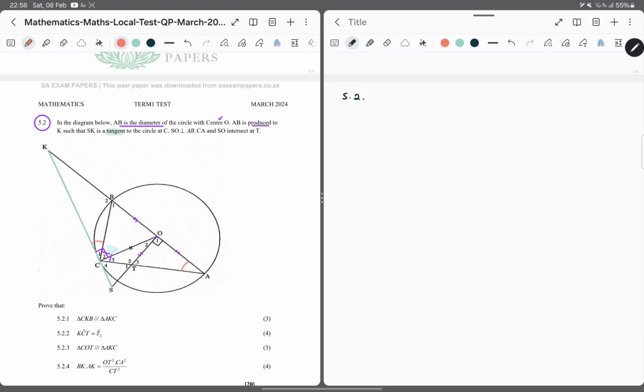Again, we can see that C2 is also equal to B1, angles opposite equal sides in that triangle. This angle A is also equal to this angle, again angles opposite equal sides in this triangle OAC.